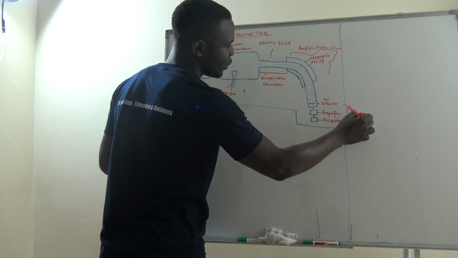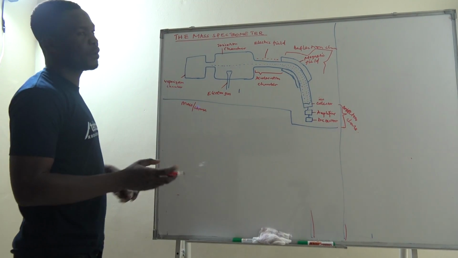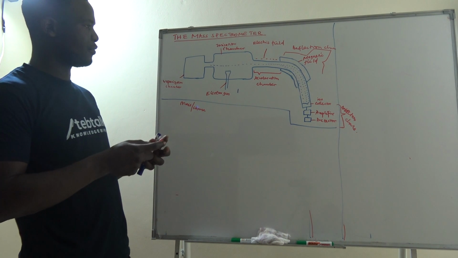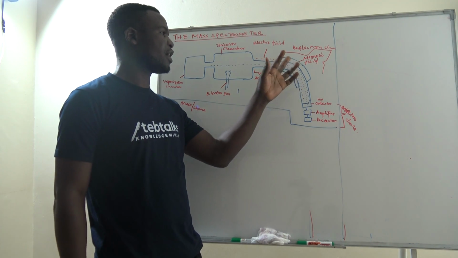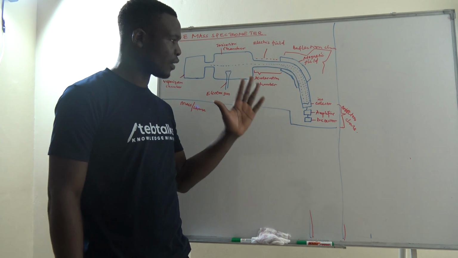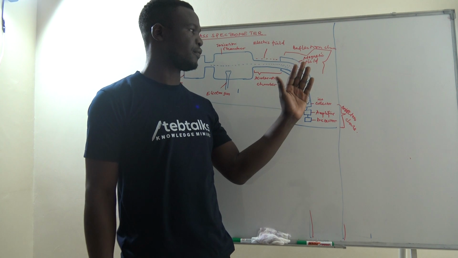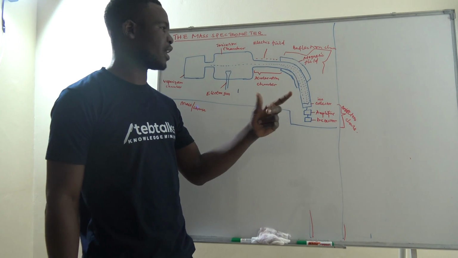Detection chamber. So, now we are saying when these ions come at a very high speed and reach the magnetic field, the fact that they are charged particles means they are always affected by a magnetic field whose direction can be determined using the Fleming left-hand rule.